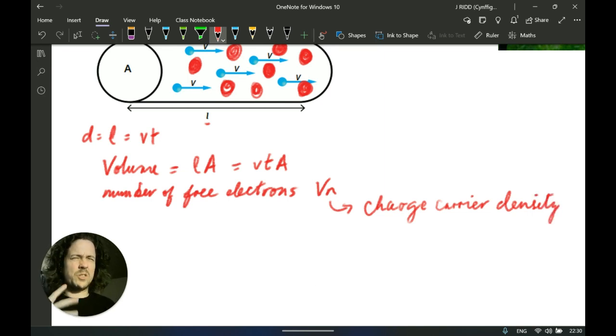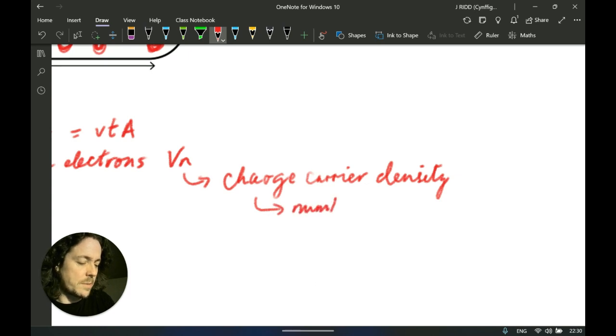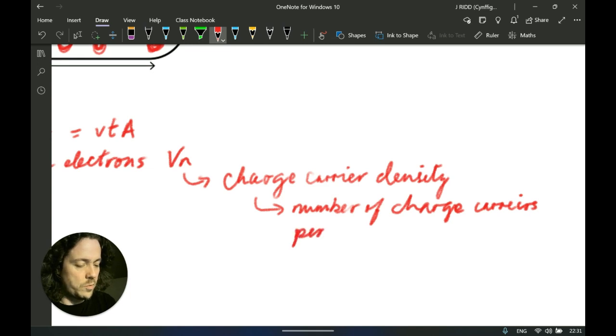And we need to just spend a moment working out what that must mean. It is essentially the number of charge carriers per unit volume.